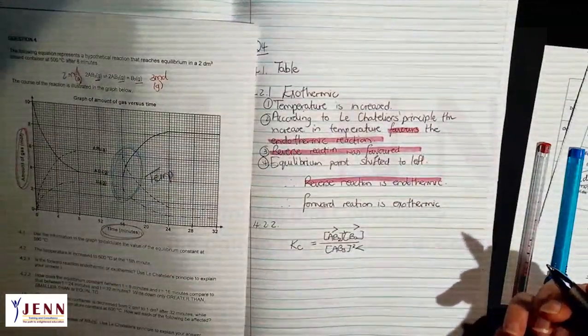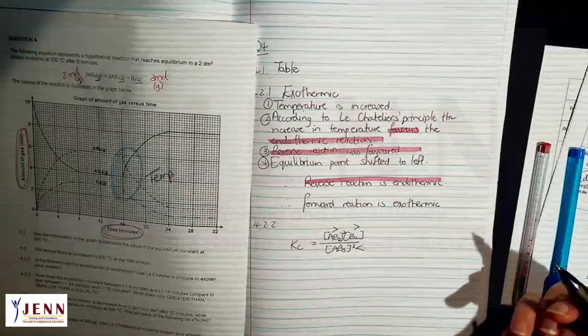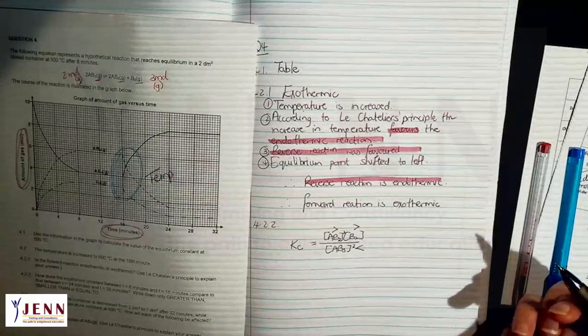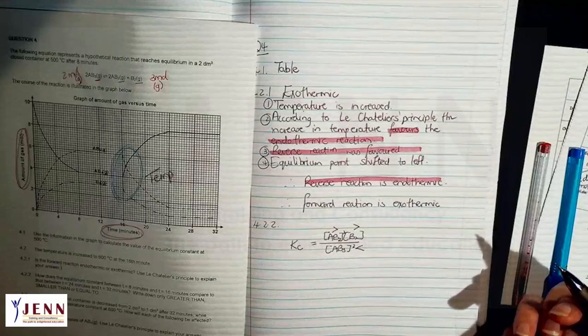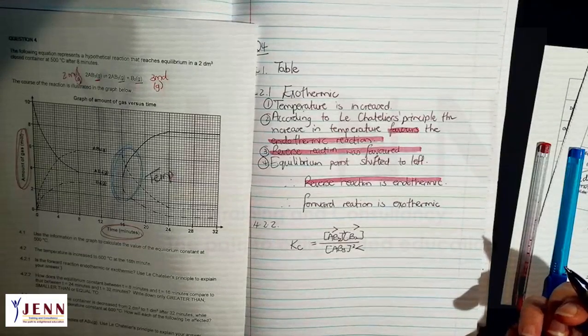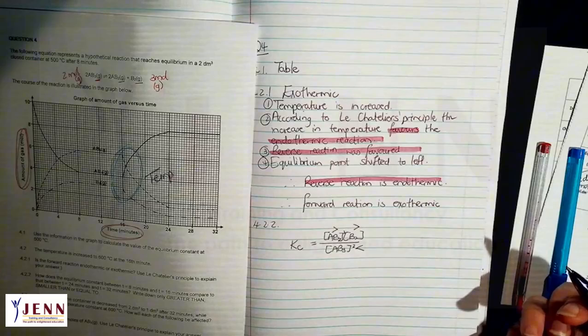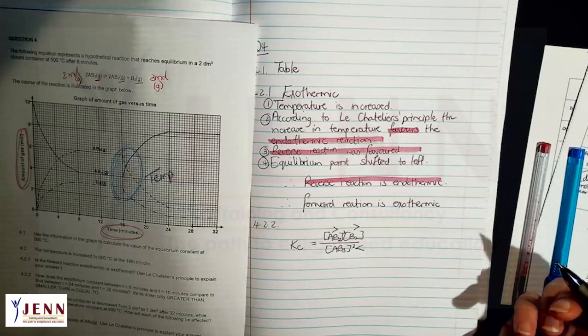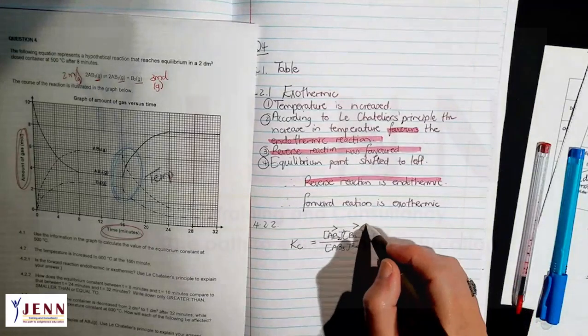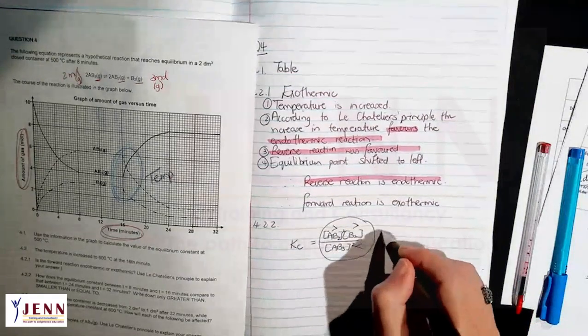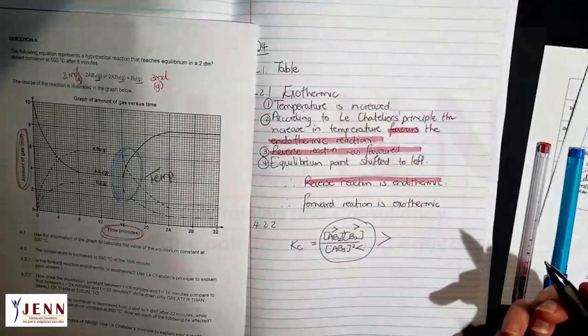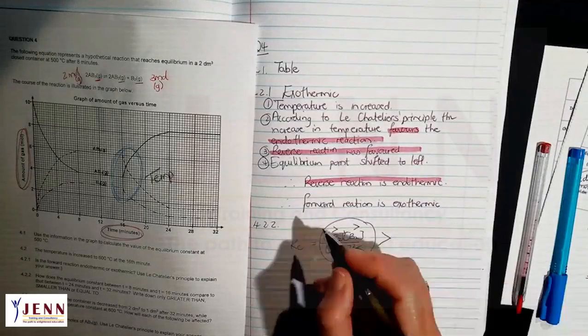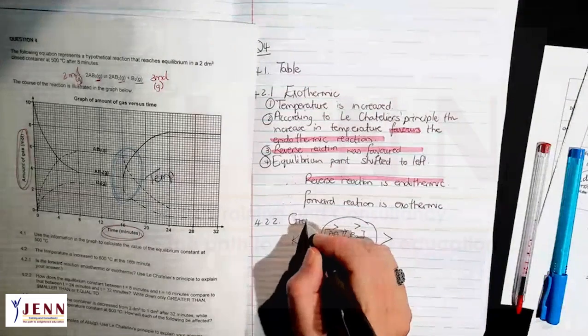Okay, but now they ask me, how does the equilibrium constant between t equals 8 minutes and t 16 minutes compare to that of t 24 and t 32? Okay, so I see that this will have a bigger value there. So I will say then greater than.